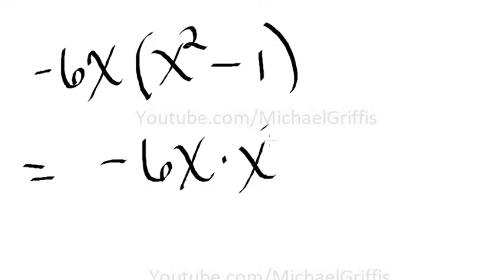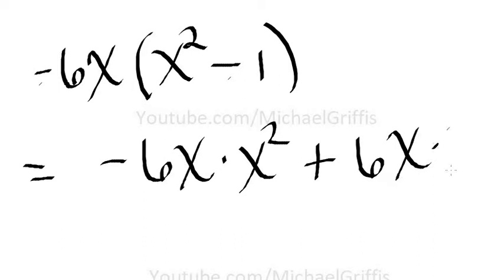Now you notice we're not combining these just yet. We have a minus and we have a negative, which makes this a plus 6x. Now remember, there's a 1 right here. Let's keep that in mind.